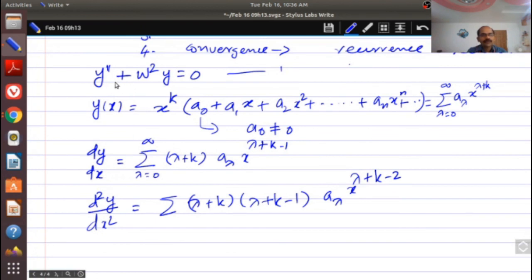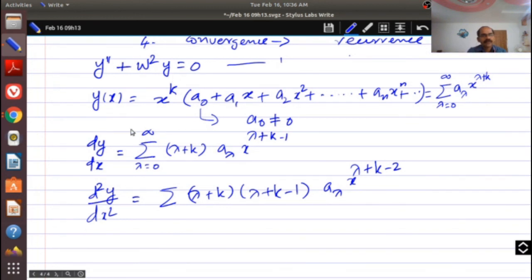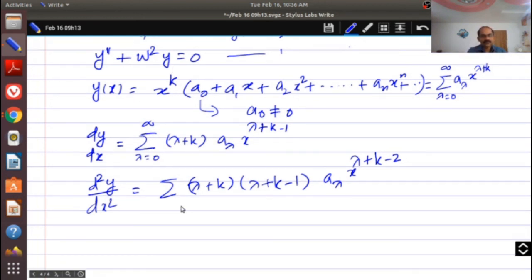So I can say that y double dash is the first term, first line, and the second term is omega squared y. I am not doing anything complicated, I am writing term by term. Lambda is equal to 0 to infinity.